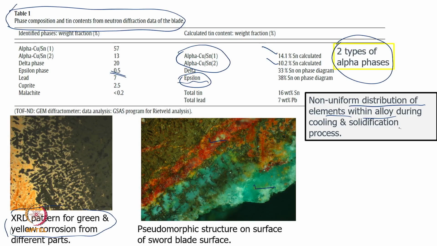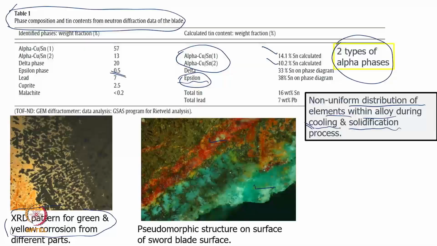If that is not happening currently, that means when they did the manufacturing, there may have been some non-uniformity which came from the cooling and solidification process. Whatever manufacturing process was opted for at that time, there was no uniform cooling and no uniform solidification.